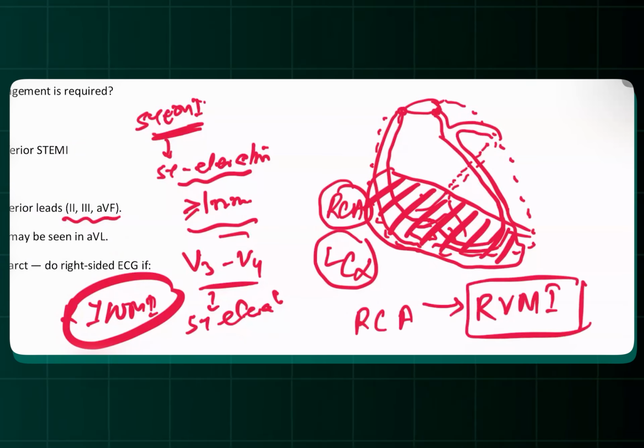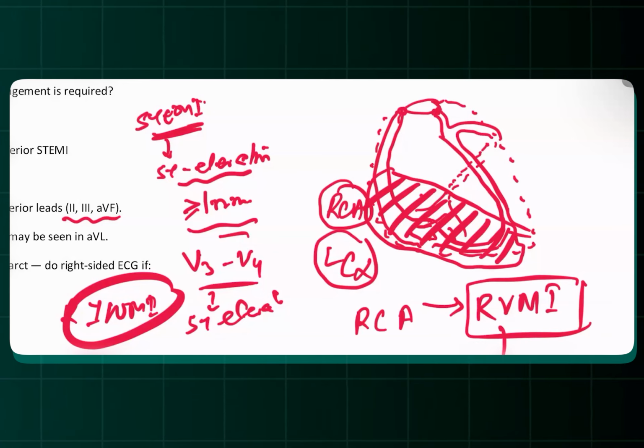Now, this is nowadays very, very important. Why? Can anyone tell me about RVMI? Why is it important these days? It wasn't so important a few years back, but now it has got everyone's attention. Any guesses? Because it will be important for your exam.